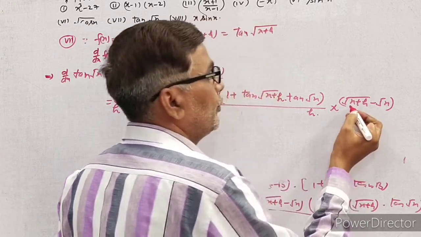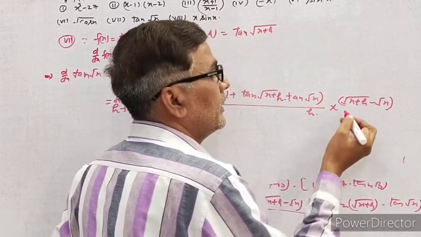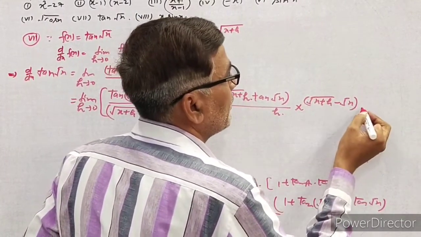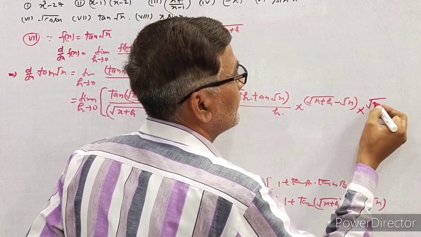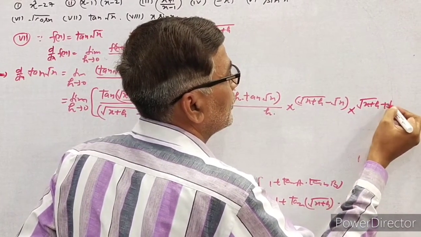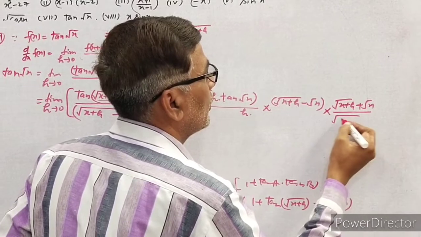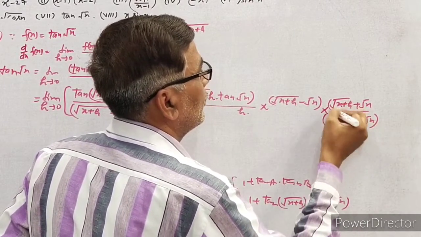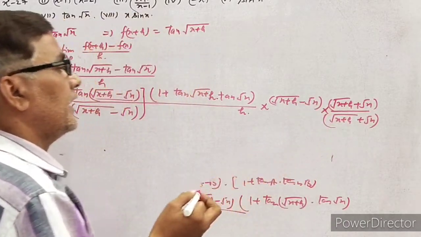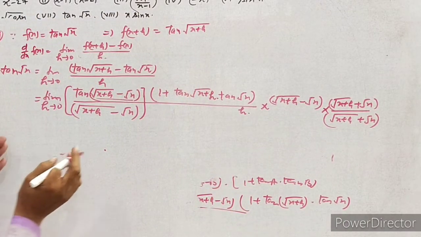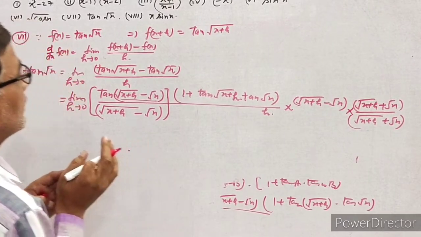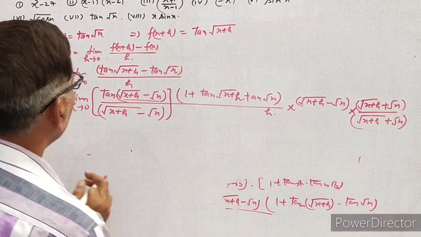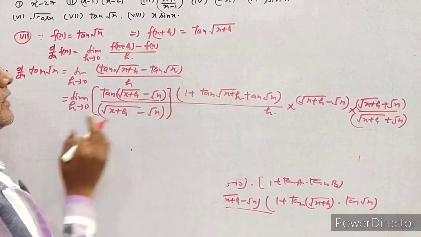Here we have square root of (x plus h) minus root x. To rationalize this, we multiply by root of (x plus h) plus root x upon root of (x plus h) plus root x. To make the calculation easy and shorter, since the question is very small, we are doing these things in one step.